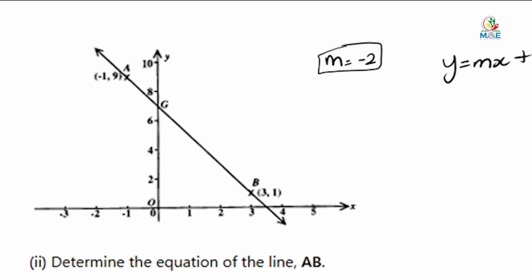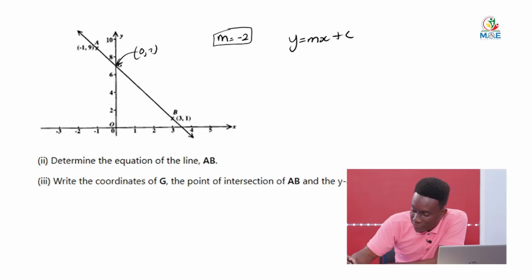If you look at this line, it crosses the y-axis at what looks like (0, 7). But just to be safe, let's not take it for granted. Let's work it out and see if c will be equal to 7.